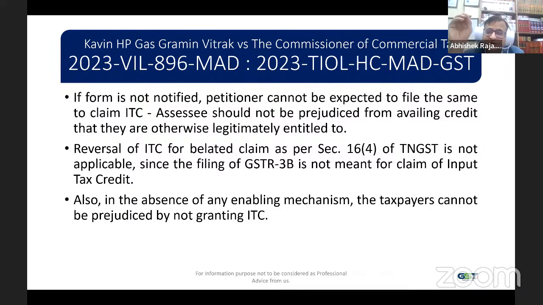It said that 3B is not the correct mechanism to claim credit. The credit should have been claimed through GSTR 2, which is non-functional. Therefore, there is no problem in allowing credit, and this is the only judgment in favor against Section 16(4), the latest judgment of December 2023.